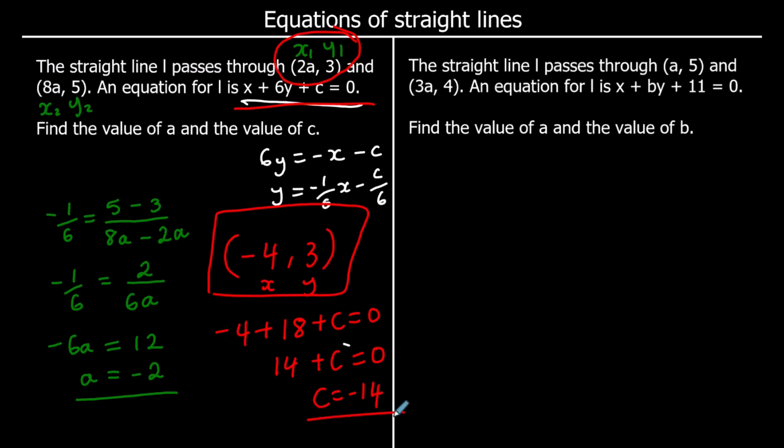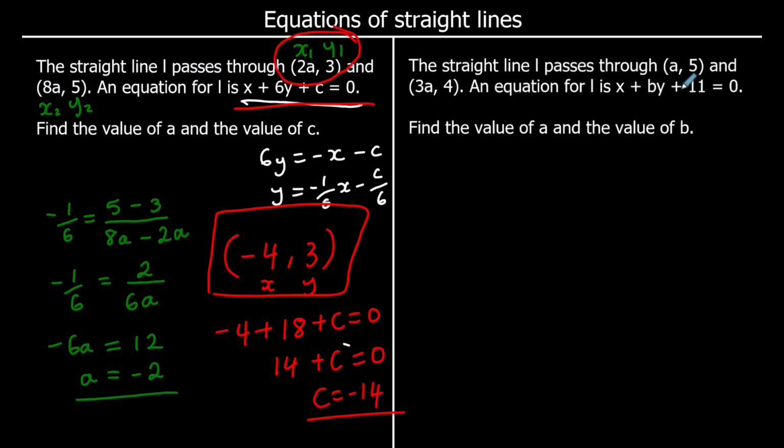Here's another one, slightly different. You can pause the video and give it a go. So this time we've got the coordinates (a, 5) and (3a, 4). The equation of the line is x plus by plus 11 equals 0. We need to find the value of a and the value of b.